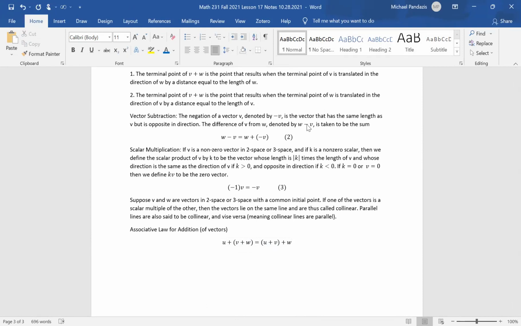So we can see the associative law by the following picture. Here I'm going to illustrate the associative law for addition of vectors.